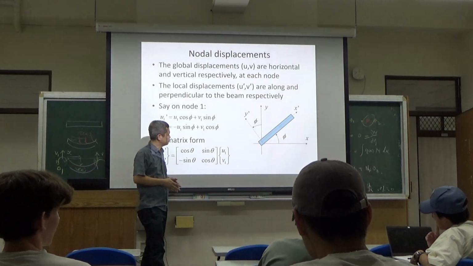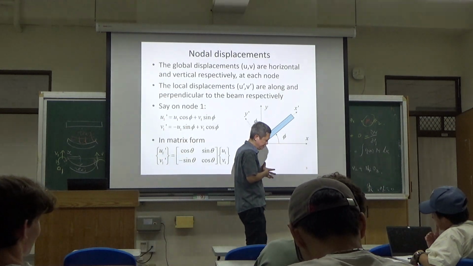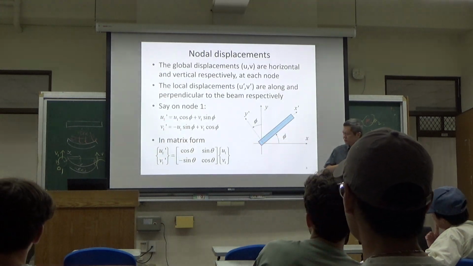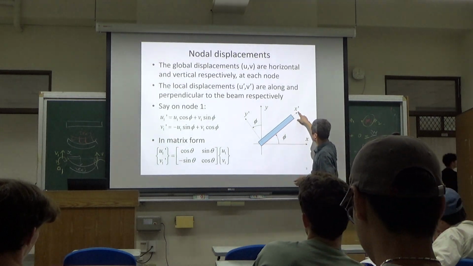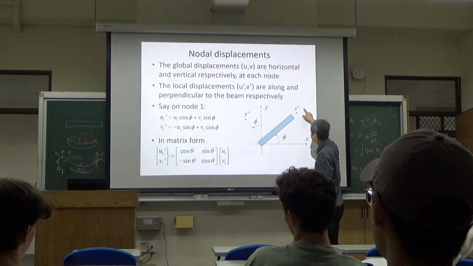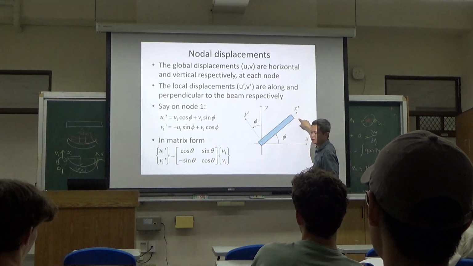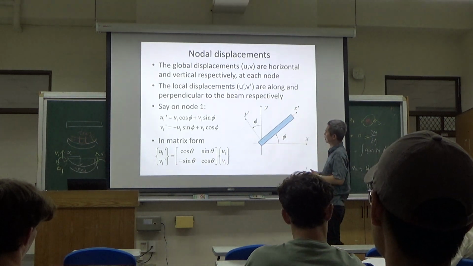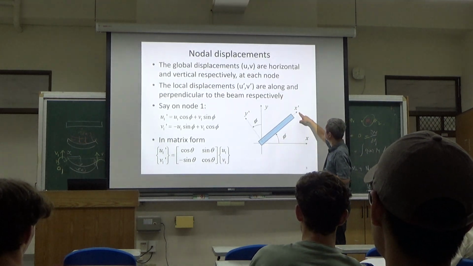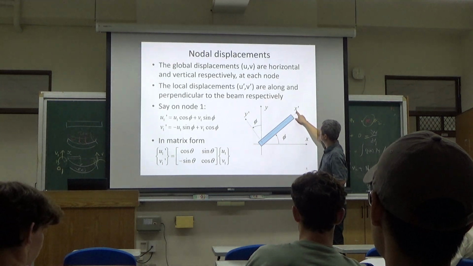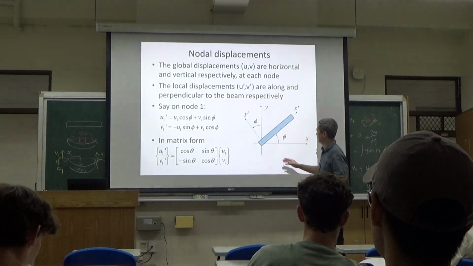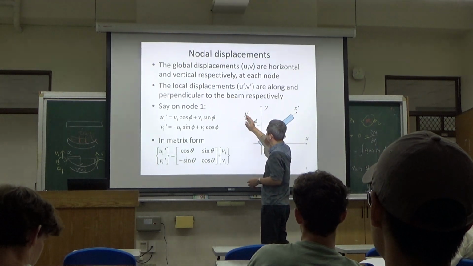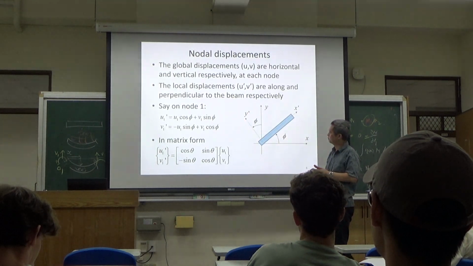Now in this case, what you really need to distinguish is the axial direction along the beam and also the transverse direction of the beam. You can see that the axial direction can be denoted by axis x prime, and the transverse direction can be denoted by coordinate y prime.